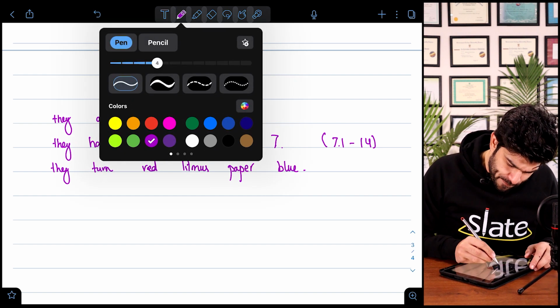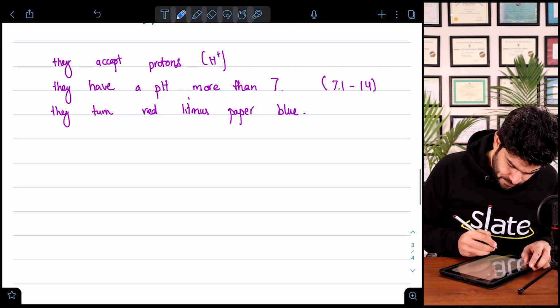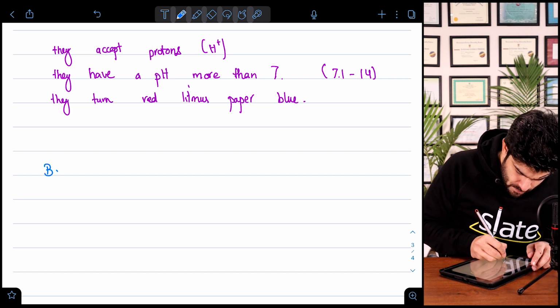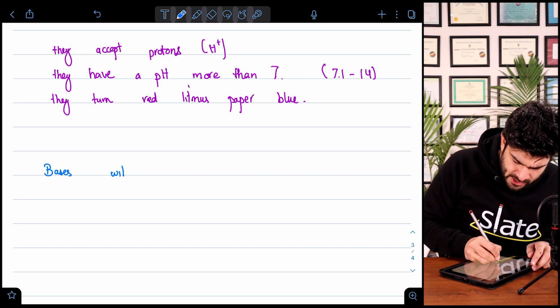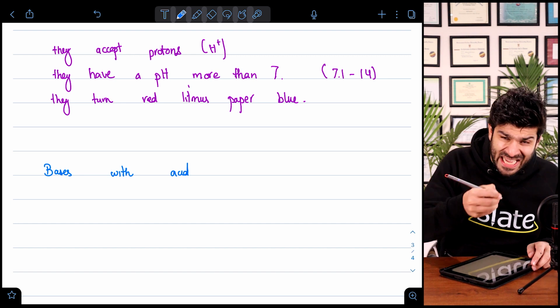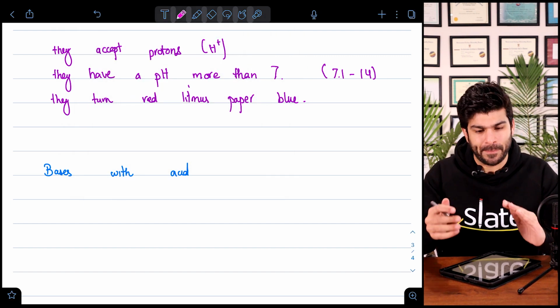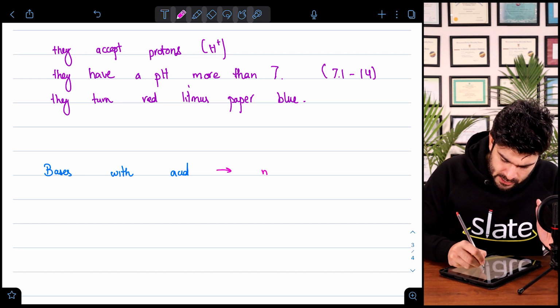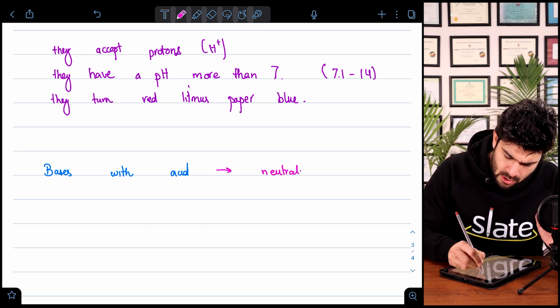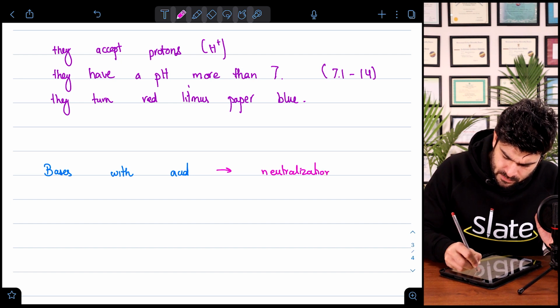But the important property: bases with acid. It's the exact same reaction that we discussed in acids. Whenever we react an acid with a base, that's called a neutralization reaction.